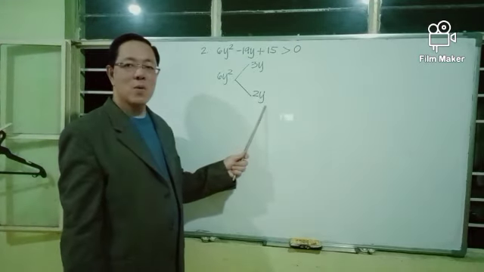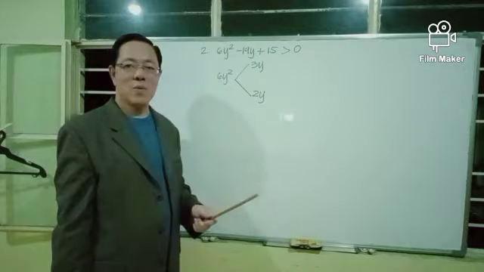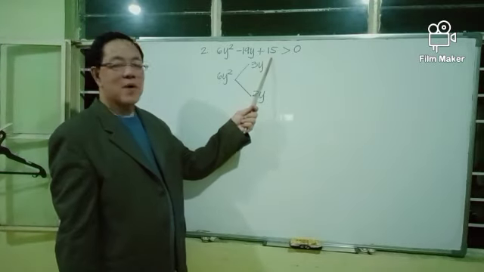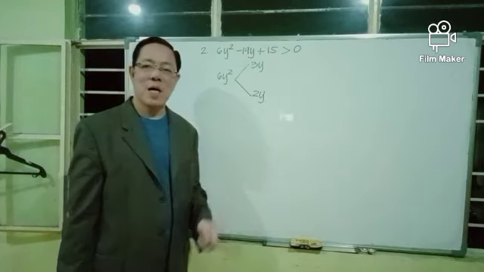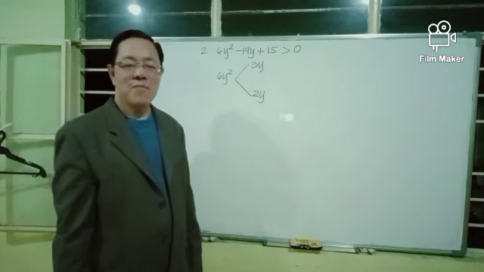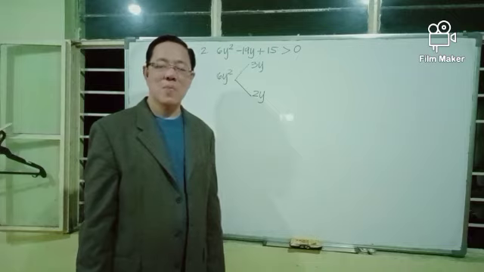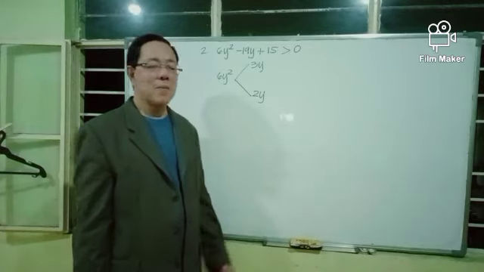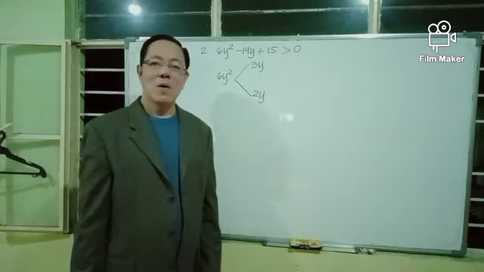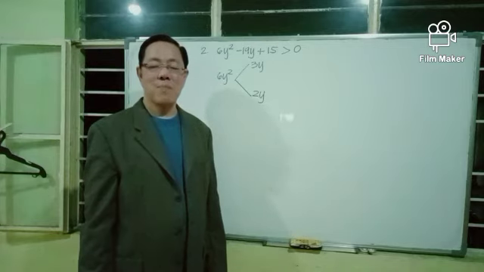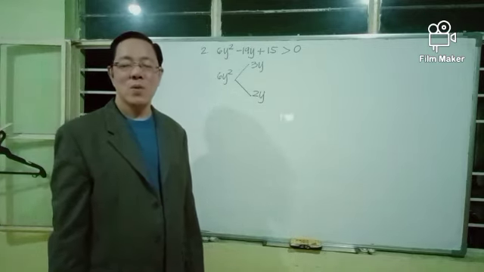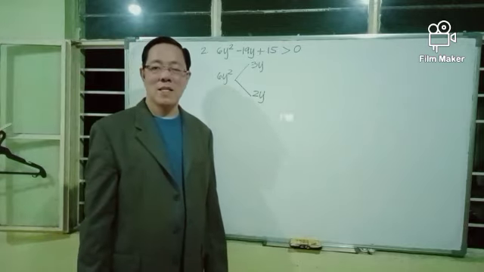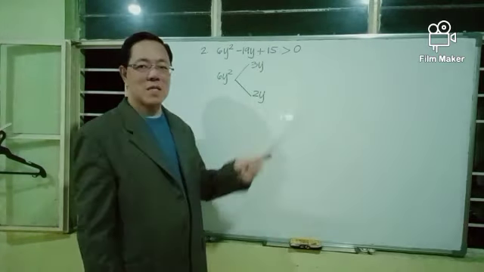Y multiplied by y is y squared. Then we factor out the constant term. Because the constant term is positive, you take factors that are both positive so that when you multiply them, the product is positive. Or you take factors that are both negative.